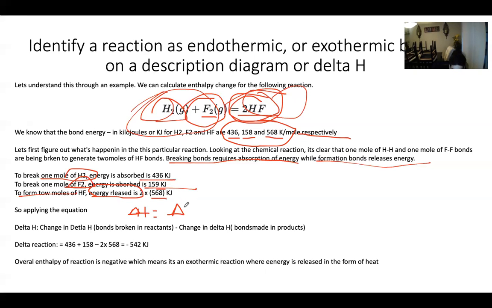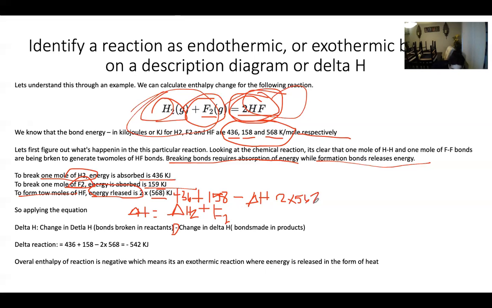The reactants are H2 plus F2, and we said the energy absorbed is going to be 436 plus 158, minus, because we're subtracting, the change in enthalpy for 2 times 568.